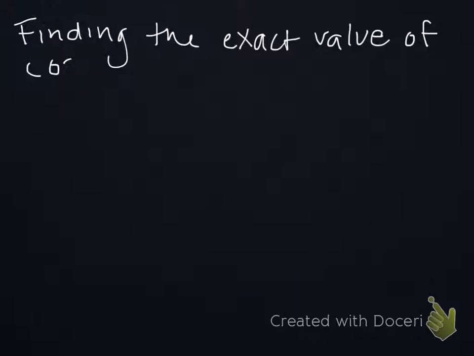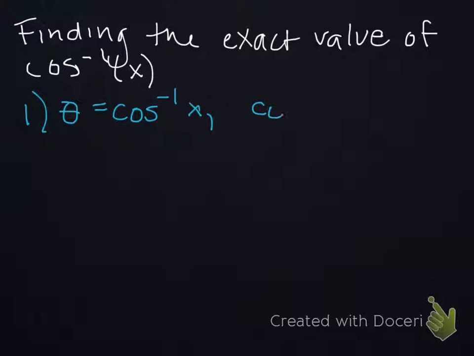Again, same thing, we use that same notation of the inverse of cosine x. So step 1 is to rewrite theta equals the inverse of cosine of x. You want to rewrite this as cosine of theta equals x.